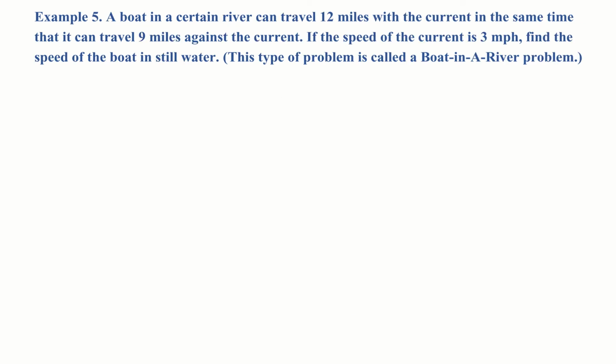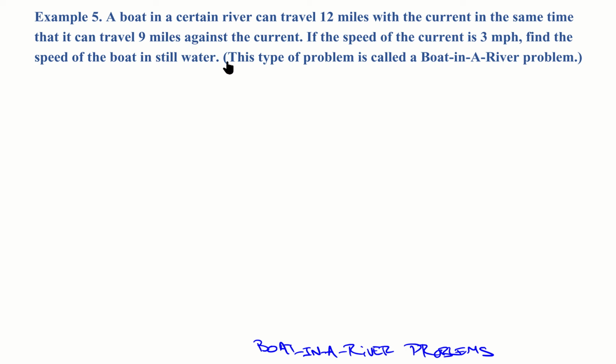All right, so here we have a boat in a river situation. Literally, that's what these kinds of problems are called. They're called boat in a river problems. And in fact, they don't just apply to a boat in a river.